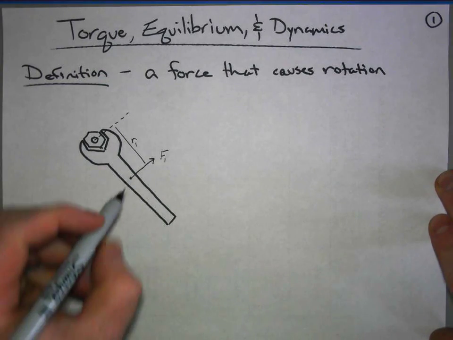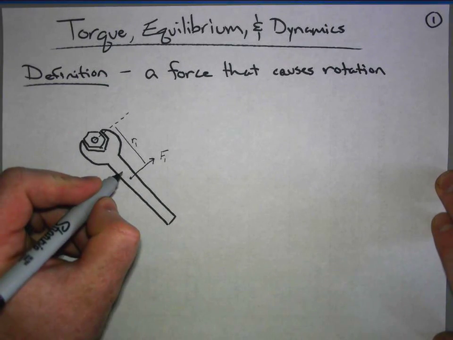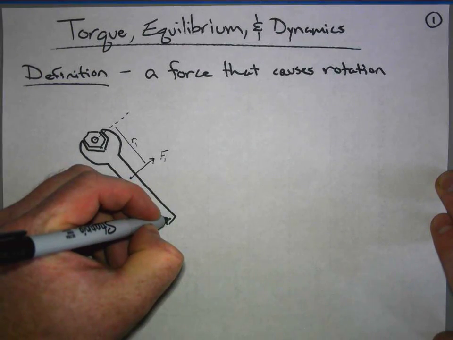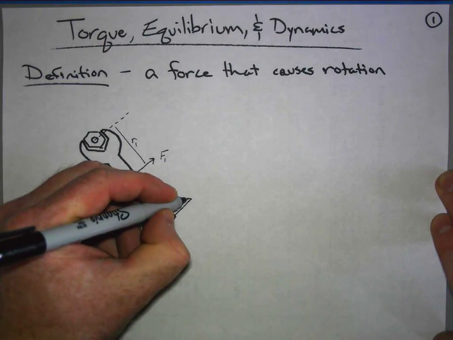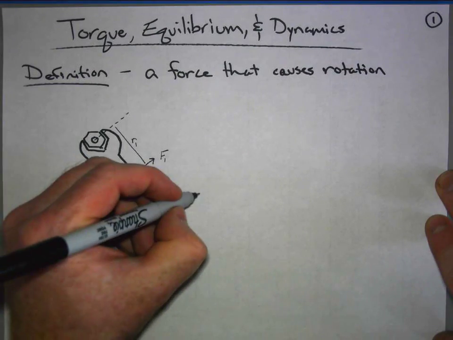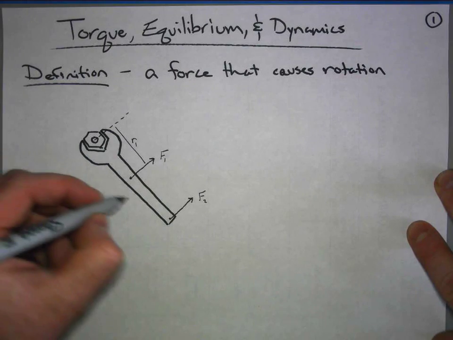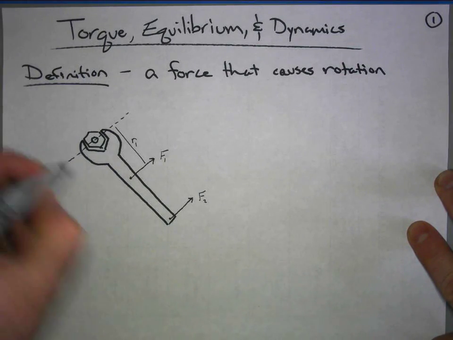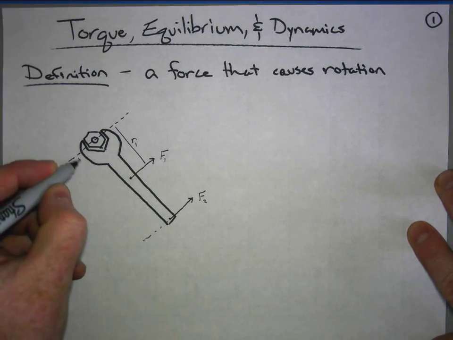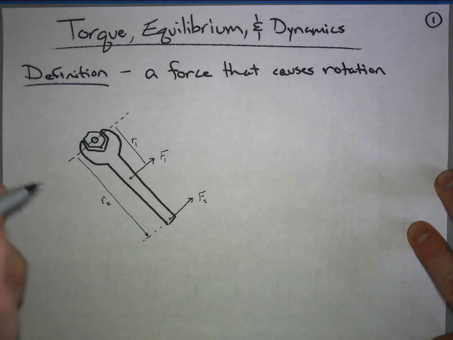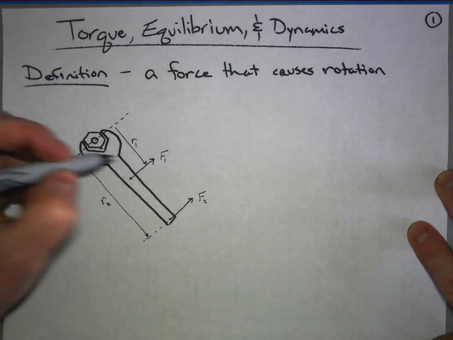And that would produce a different result than if we took the same force and applied it out here at the end. So I can just label that radius for force 2. There's a radius for force 1.